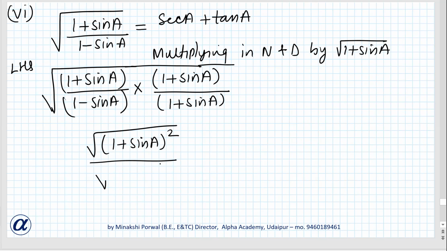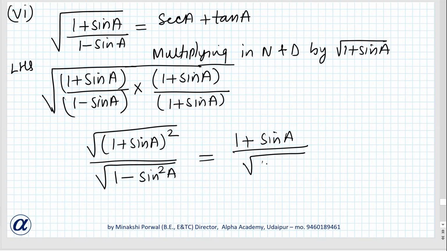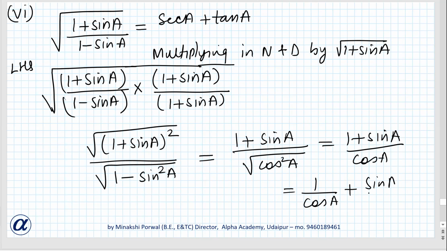In denominator it is under root of 1 minus sin square A. Okay, so numerator is 1 plus sin A, square root of square will be the same thing. 1 minus sin square A हो जाएगा cos square A. So it is 1 plus sin A upon cos A. So it is 1 upon cos A plus sin A upon cos A. 1 upon cos A is sec A. And sin A upon cos A is tan A. This is what we have to obtain at RHS.